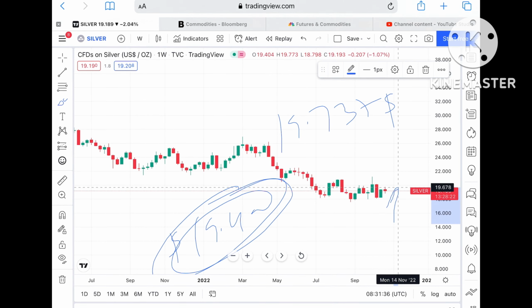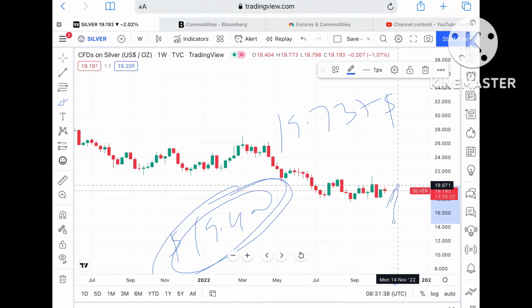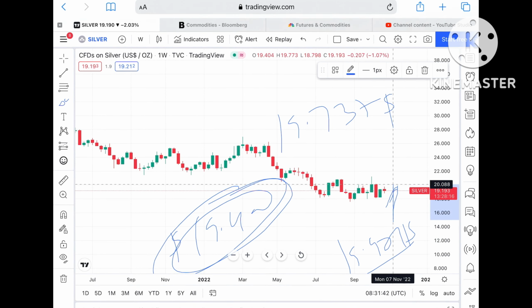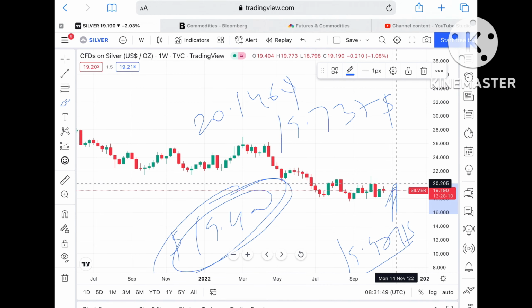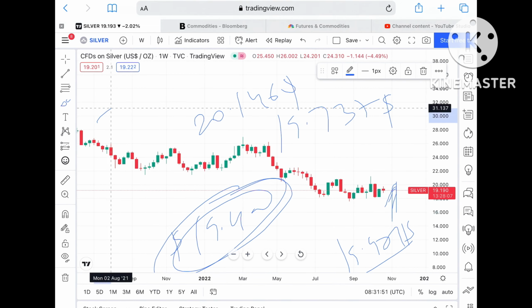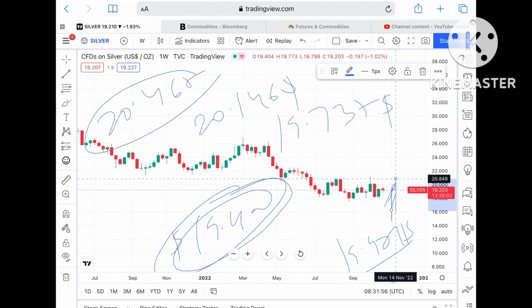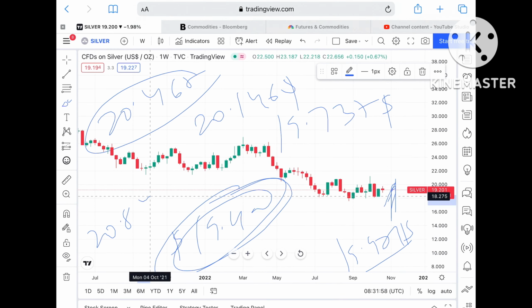And once the price moves above that level, then we can see it can go towards a level of $19.971, and from there towards a level of around $20.146. Okay, and if that level also sustains, then there is a high chance of going further high towards a level of $20.467, and from there we can see it can move further upside towards a level of $20.848.